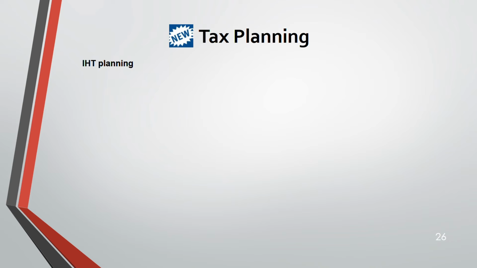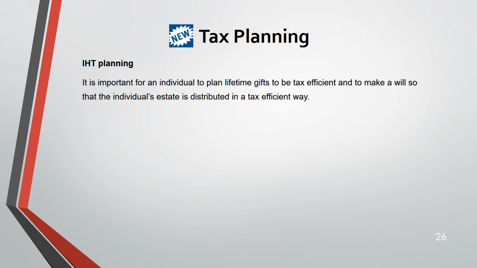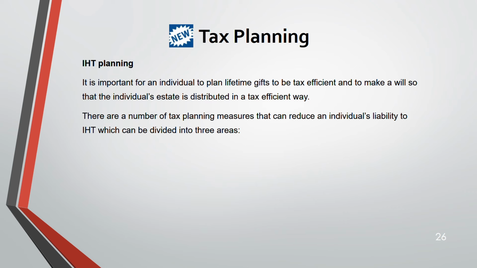Next, IHT planning. It's important for an individual to plan lifetime gifts to be tax efficient and to make a will so that the individual's estate is distributed in a tax efficient way. There are a number of tax planning measures that can reduce your IHT and it is divided into 3 areas.